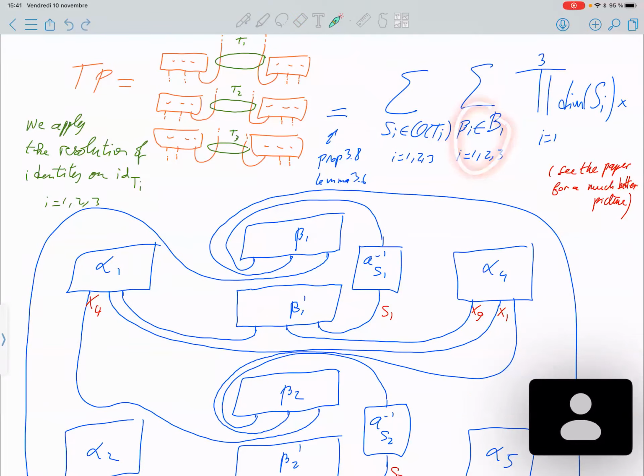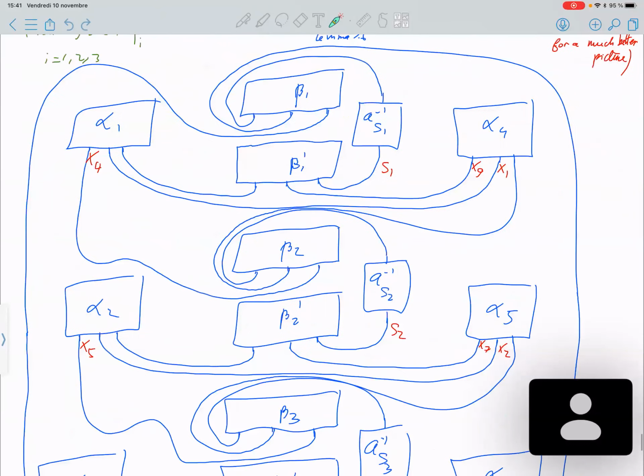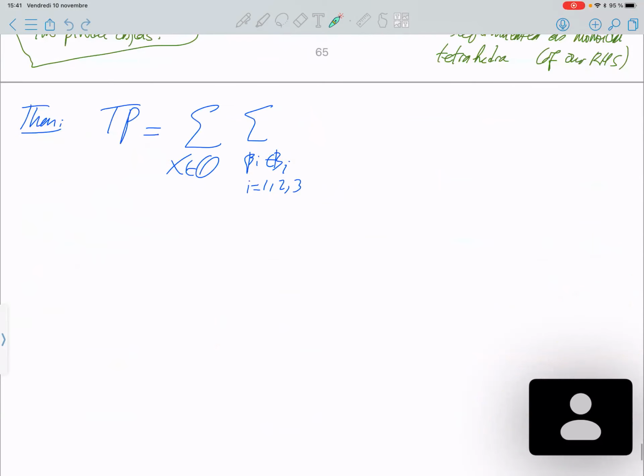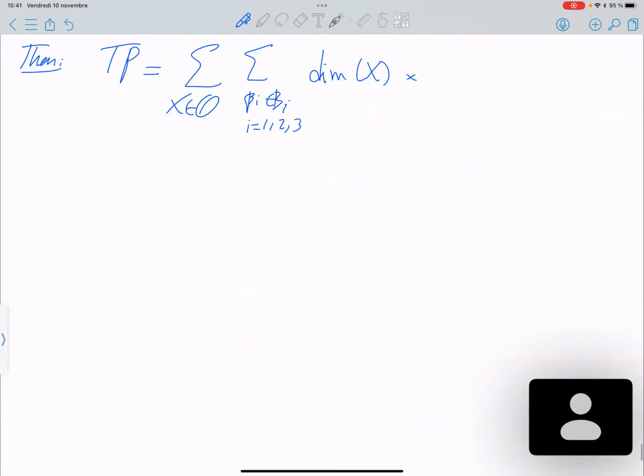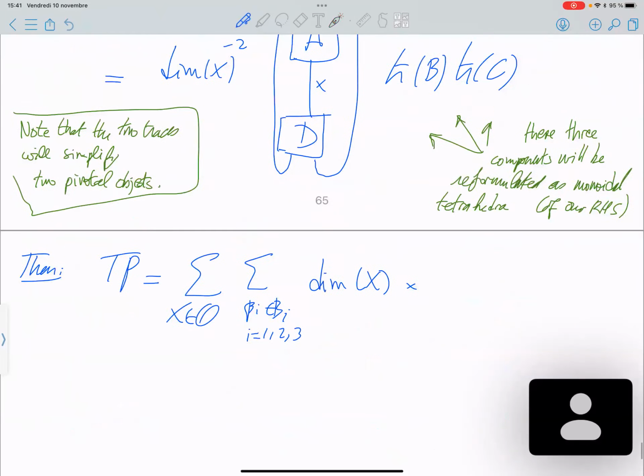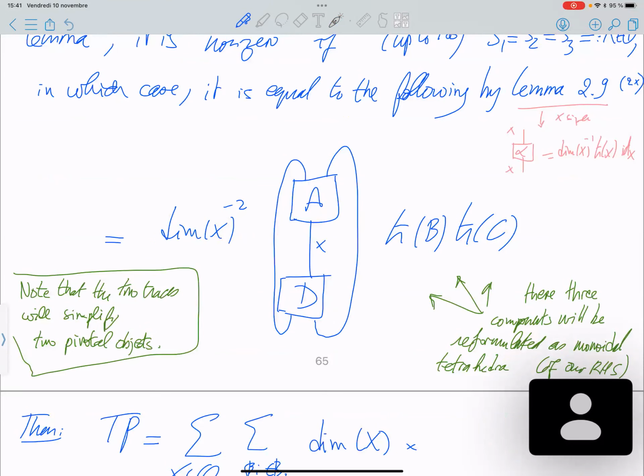And you get that, and that here is dimension X power 1 now. Dimension X power 1 times the following picture. So we will start by this one.